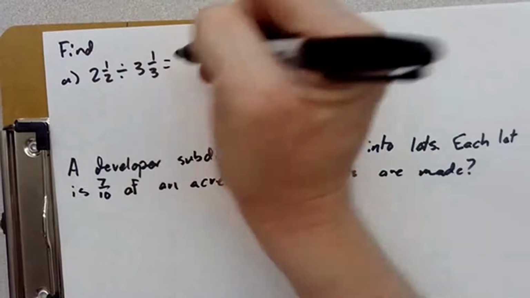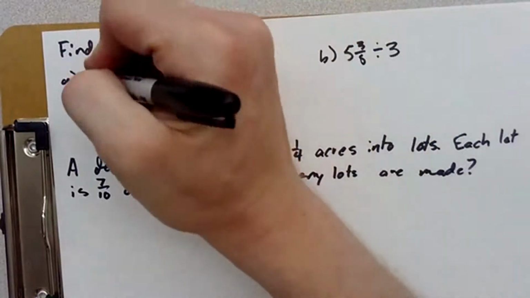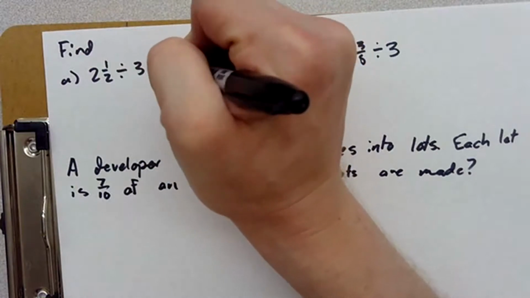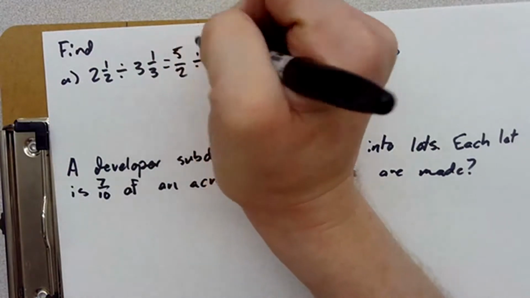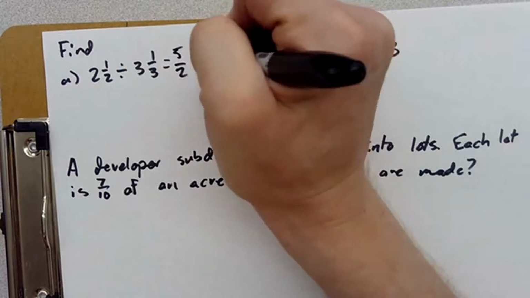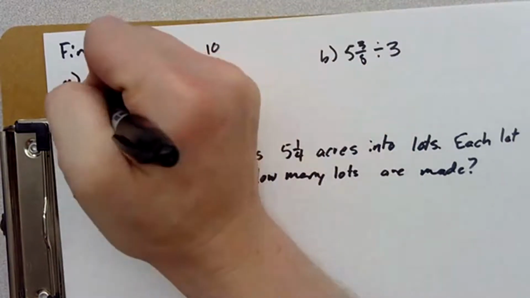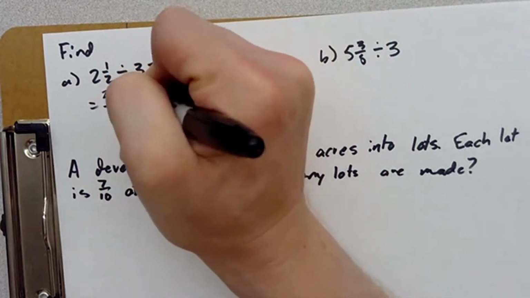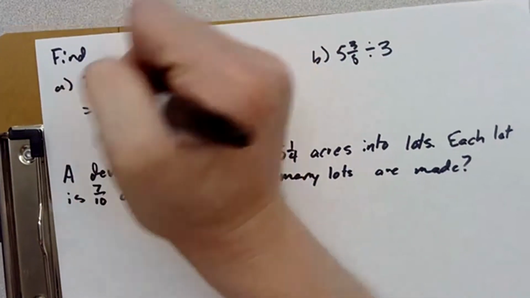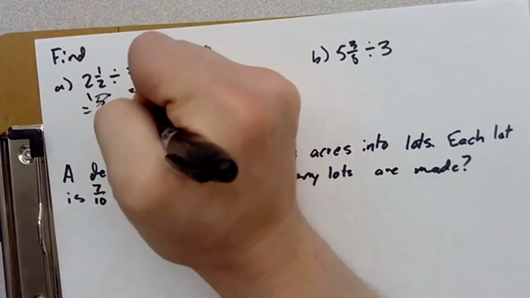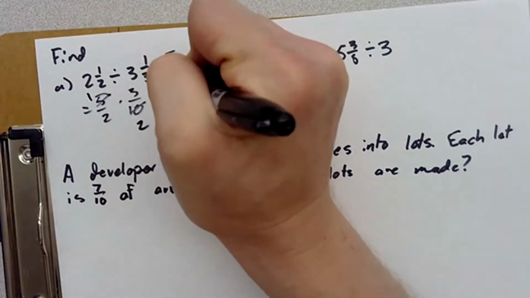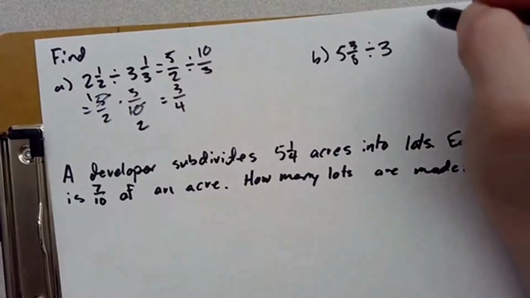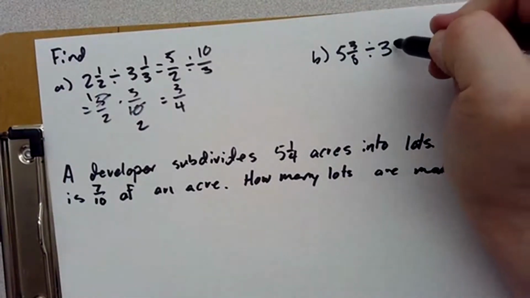First, we change this to fractions, to improper fractions. 2.5 we know is 5/2 divided by 3 1/3 is 10/3. So that's the same as 5/2 times 3/10. Cancel there to get 1 and 2. And we have 3/4.